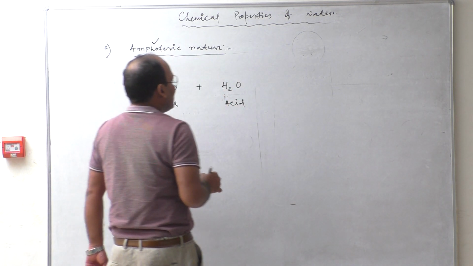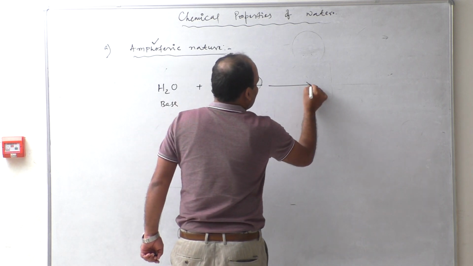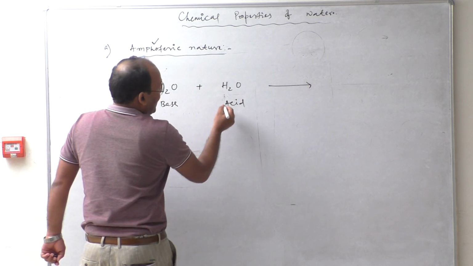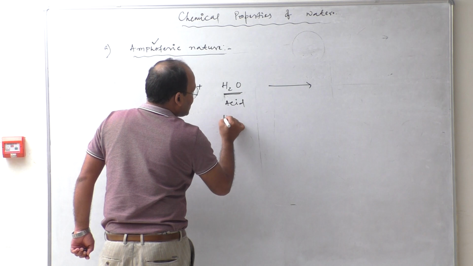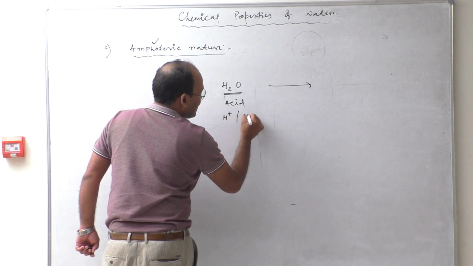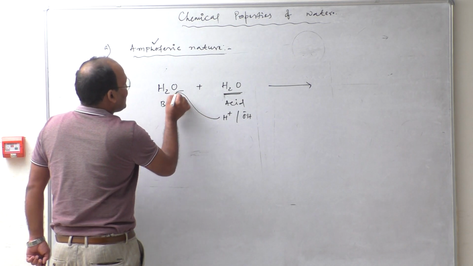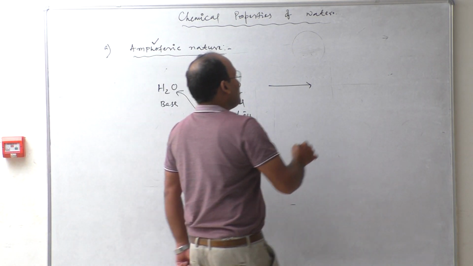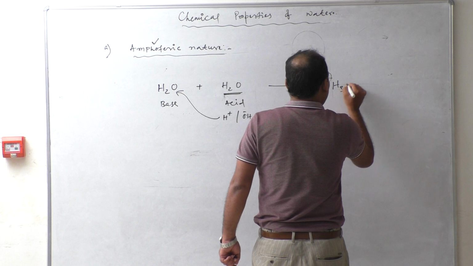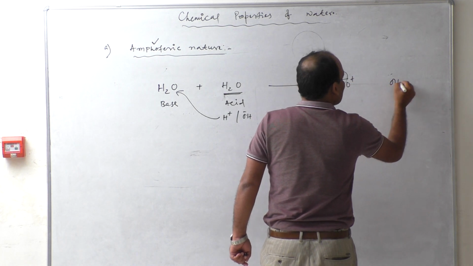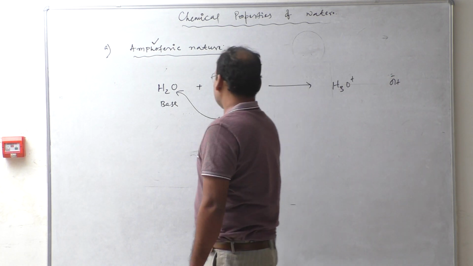This acid will give H plus and OH minus, and H plus will attach here, right? Then it will be H3O plus and OH minus, right?